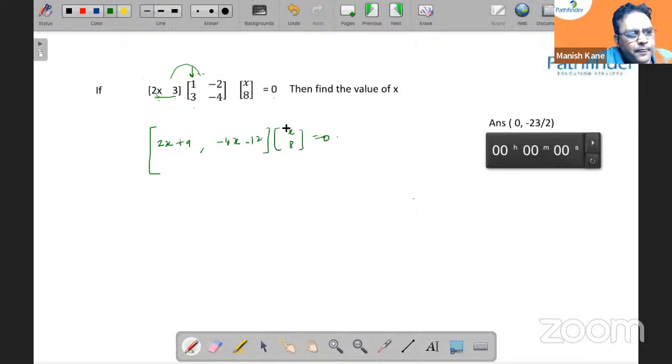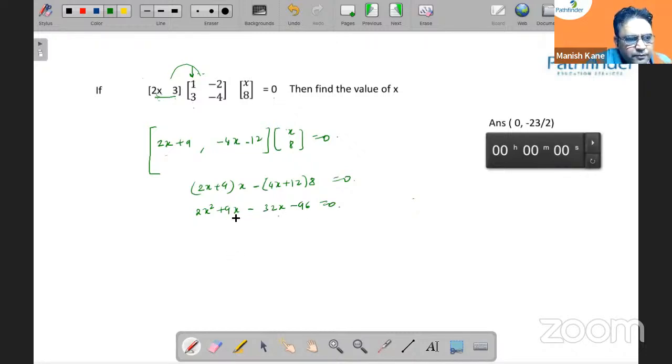Now what do you do? You multiply 2x plus 9 by x. So 2x plus 9 into x and minus 4x plus 12 into 8. This must be equal to 0. So can we take anything common here? No, I'll have to multiply: 2x square plus 9x minus 32x minus 96 is equal to 0.